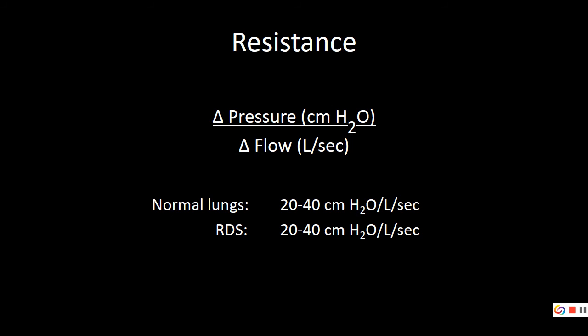No change. What if we put a breathing tube in that baby? Much higher. We're going to talk about why that is. So when we put an endotracheal tube in any patient, we massively increase the resistance to airflow.